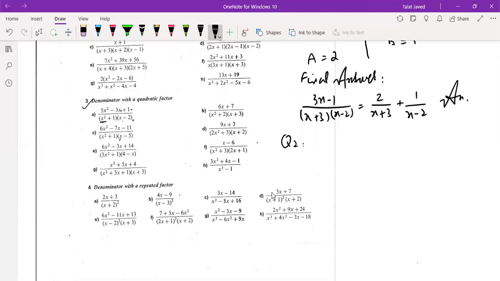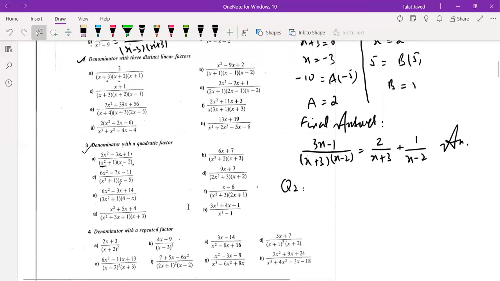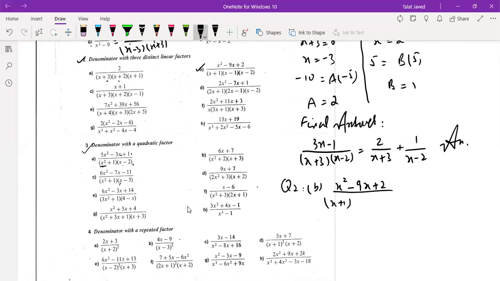Now question number 2. Let's do its part B. Part B is (x square minus 9x plus 2) divided by (x plus 1)(x minus 1)(x minus 2).